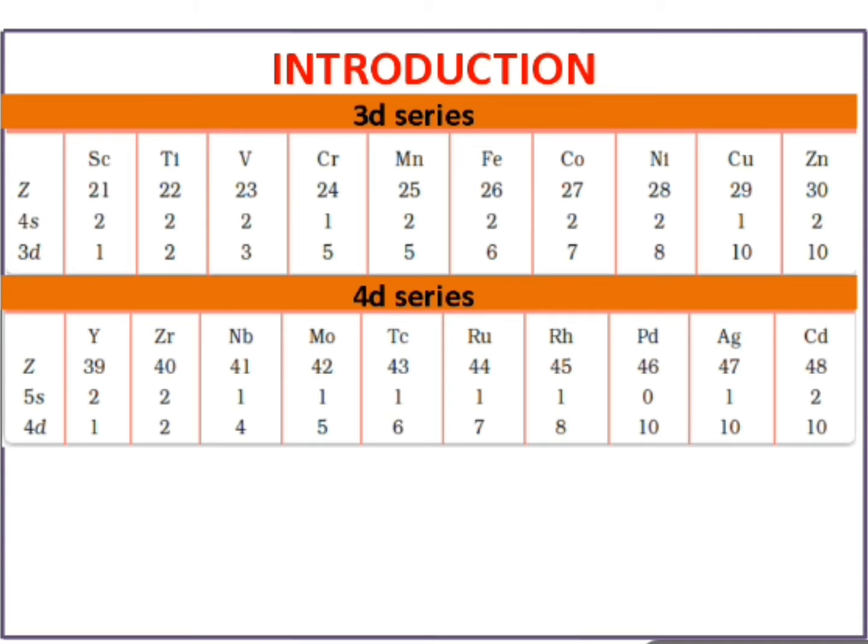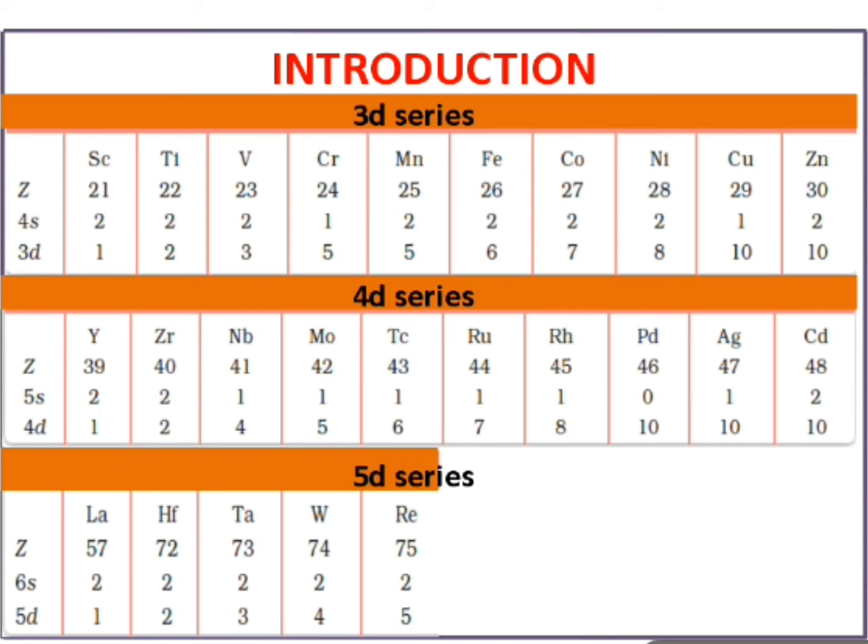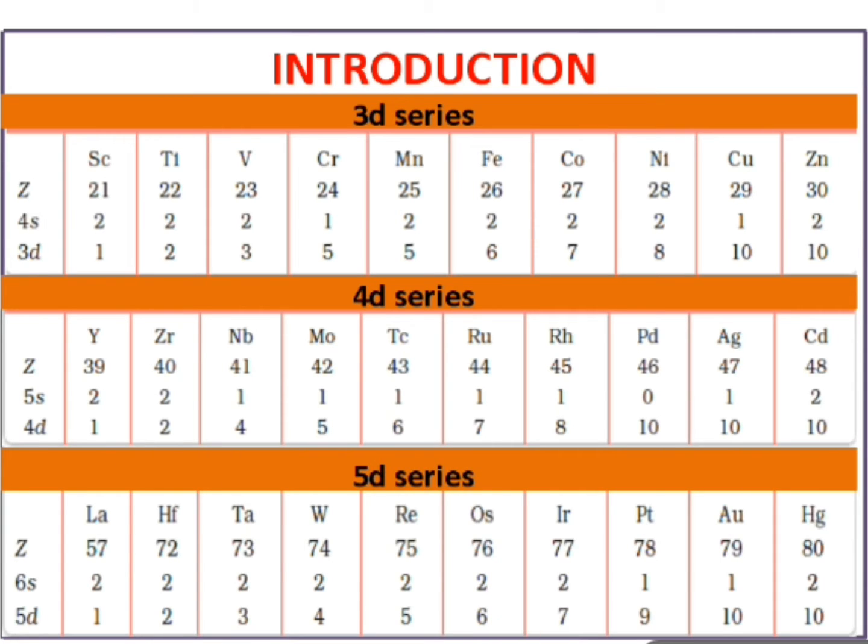In the 4D series: yttrium, zirconium, niobium, molybdenum, technetium, ruthenium, rhodium, palladium, silver, cadmium. And in the 5D series: lanthanum, hafnium, tantalum, tungsten, rhenium, osmium, iridium, platinum, gold and mercury. So these are the elements.